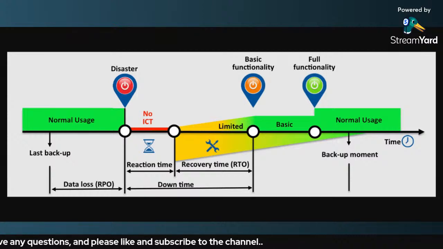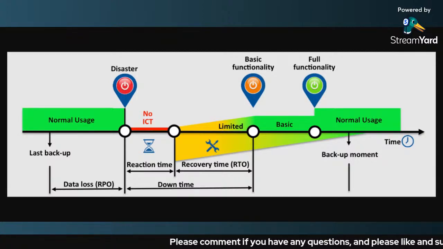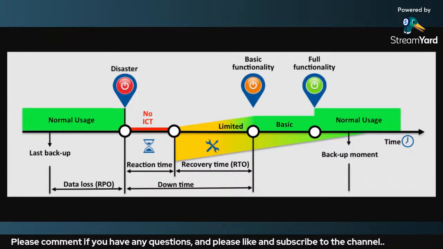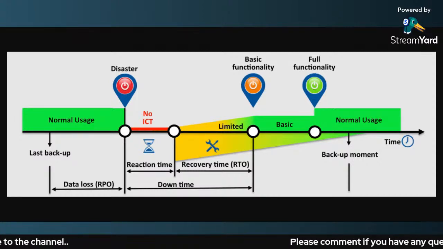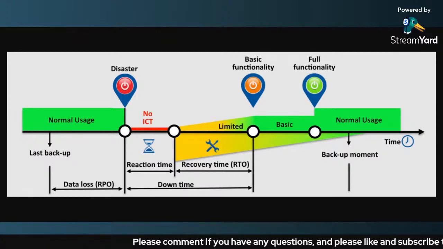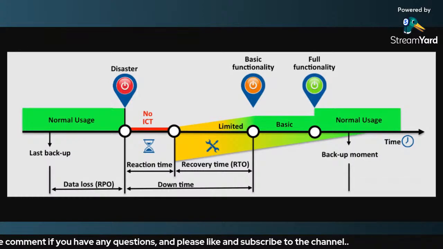In cases where you have a cold site or a warm site, it takes time to bring up the infrastructure equipment. So in some cases there will be a reaction time, and you won't have any availability of the infrastructure at that time. After that, there will be limited availability, basic functionality of certain mission critical services that you want to host.